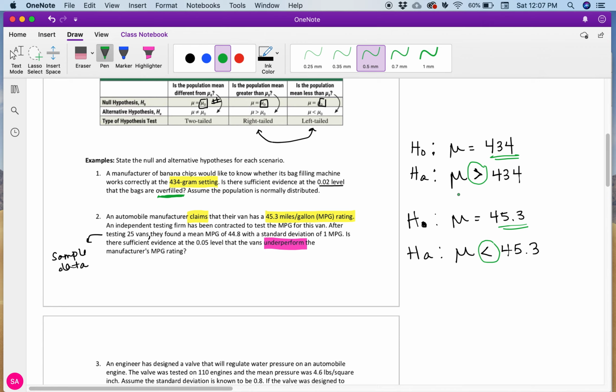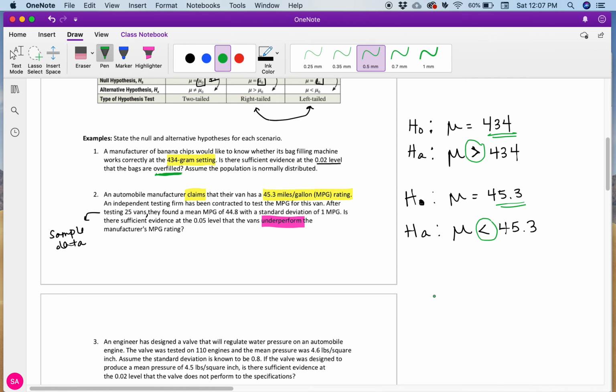So, keywords. For number 1, where we had greater than, they used the word overfilled. Over, greater than. For number 2, we had a less than for the alternative hypothesis, and they used the word underperform. That corresponds to less than. So there will be keywords in these problems to help you figure out which operator to use.